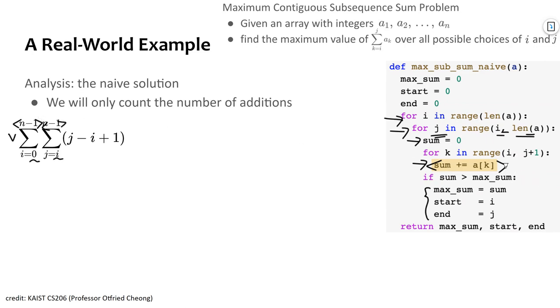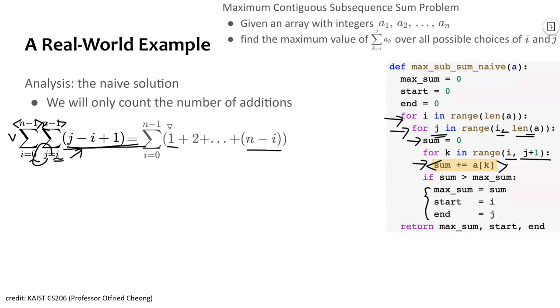And the number of additions here is j plus 1 minus i. That is expressed here. So this is the number of additions in this algorithm, our function. All right? And how can you evaluate this? When we expand this one, then this value changes from 1 to n minus i. All right?